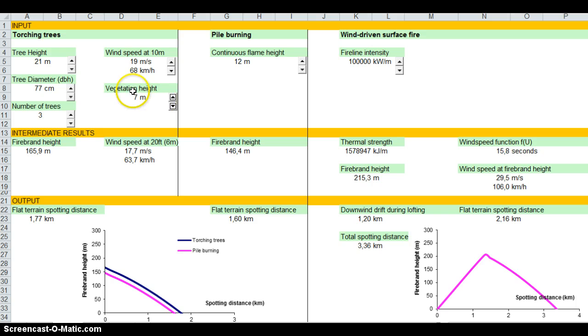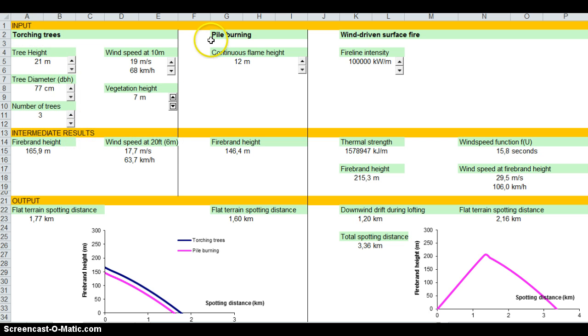So if we have lower vegetation height, then the wind is going to allow spotting to go a little bit further. And of course here it's the tree height and here it's vegetation height, because here we are talking about isolated trees that are touching.